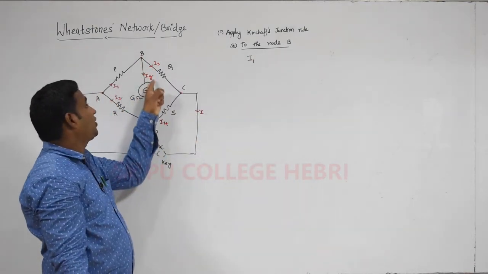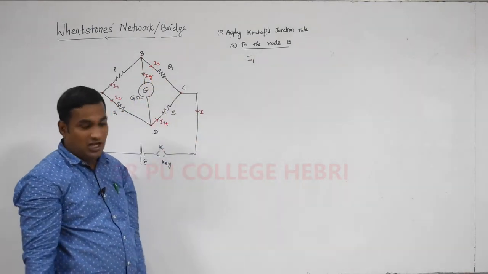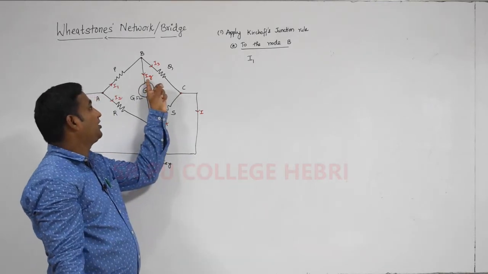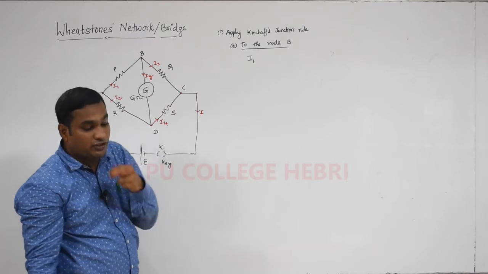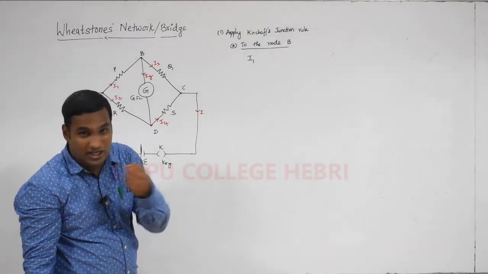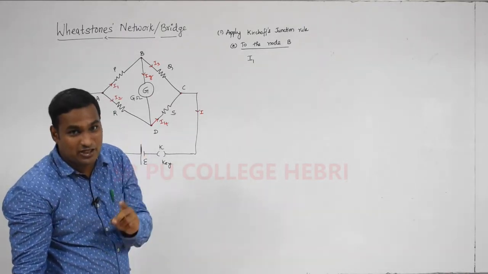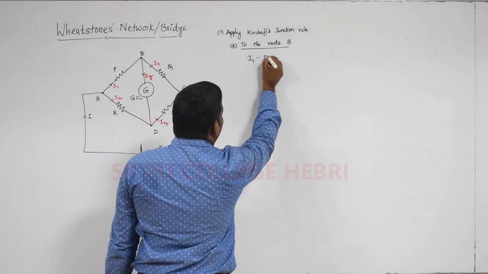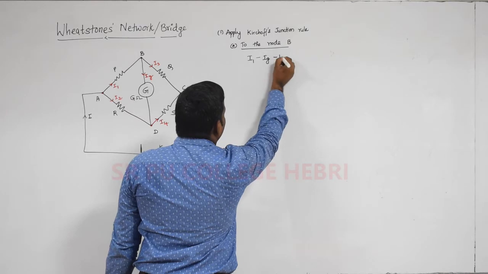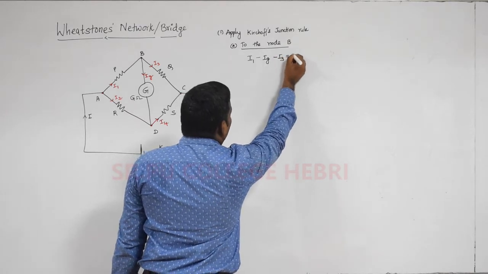The currents leaving the junction are IG and I3. Both are leaving the junction, so you take them as negative. Current entering the junction is positive. That's why you have to take I1 minus IG minus I3 is equal to 0.